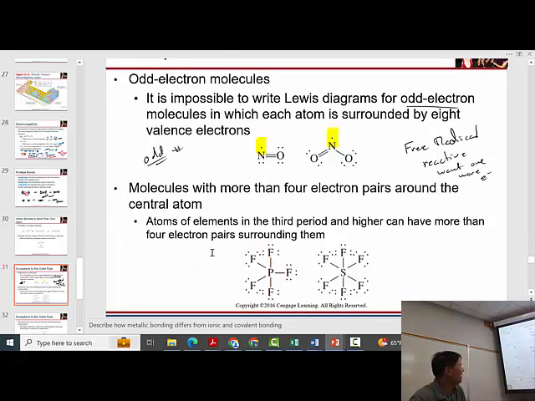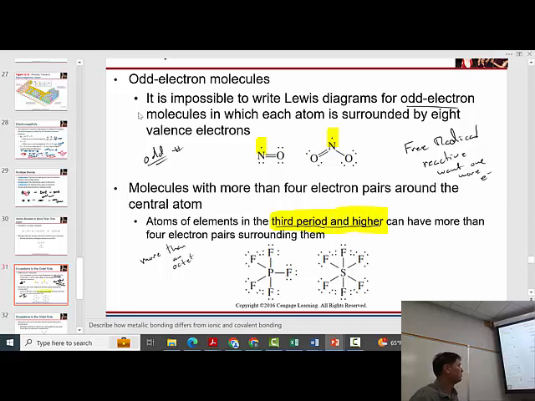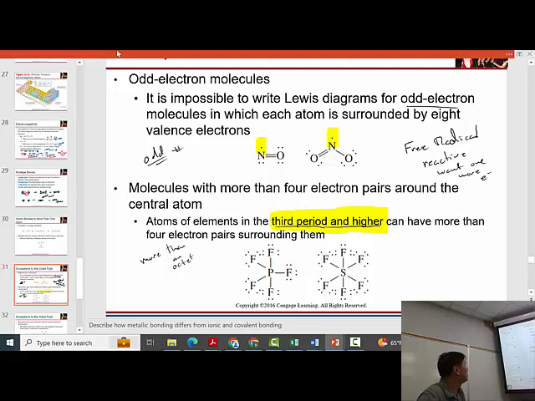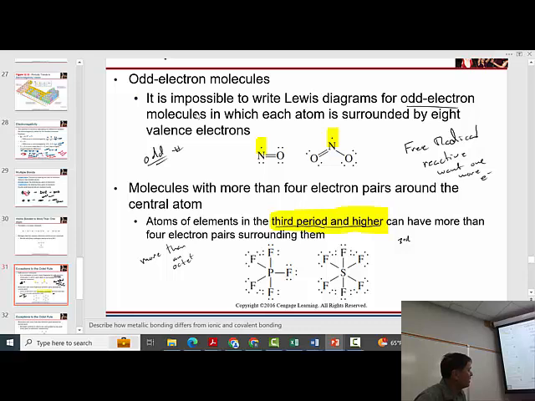Well, we have more than an octet. Atoms in the 3rd period and higher, so the hypothesis here goes like this. 3rd period.